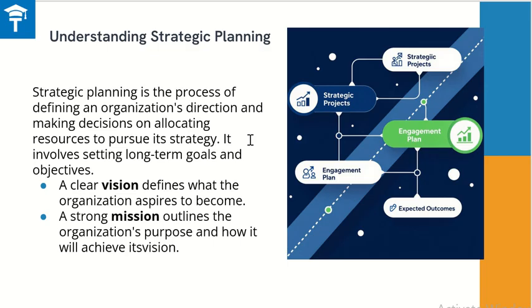Strategic planning is the process of defining an organization's direction and making decisions on allocating resources to pursue its strategy. It involves setting long-term goals and objectives, whereby we come up with a clear vision that defines what the organization aspires to become. Also, we need a strong mission that outlines the organization's purpose and how it will achieve its vision.